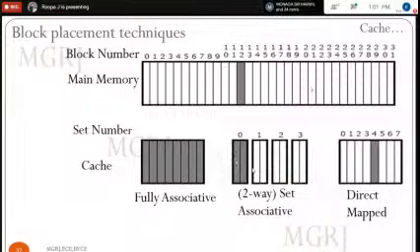Storing back and bringing the new we'll talk later because that comes under replacement. But what I am trying to tell you is, we are trying to map one block of the main memory to one of the blocks of your cache depending on the 3 different ways. Is this point clear? Yes, ma'am, it's clear.